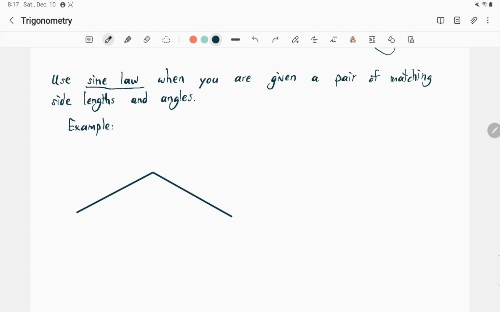Okay, that doesn't want to draw. My bad. Maybe I'll have to do this. There we go. Let's say you're given a triangle that looks like this. 124.0 meters is that bottom side length.